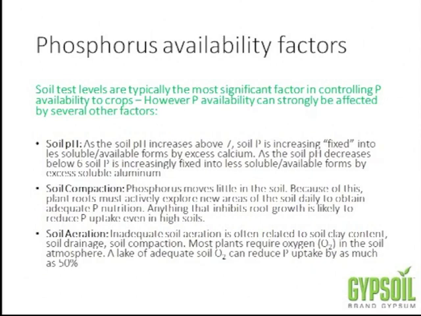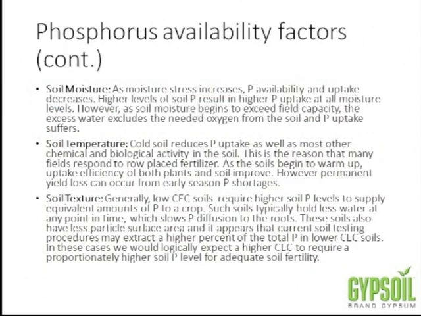Soil compaction, of course, because phosphorus moves very little, we're going to have better root development. Soil aeration, anytime we have aeration, we're increasing those biology levels. If you look at soil moisture, anytime we have moisture stress, phosphorus availability is going to go down. So if we have better water holding capacity, better draining capacity, we're going to keep our phosphorus more available.